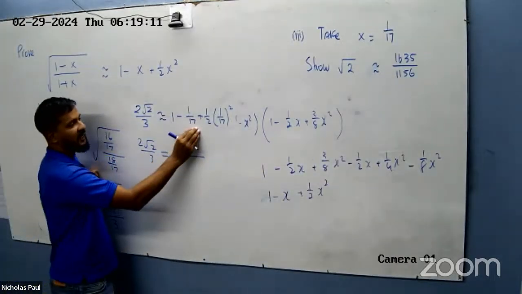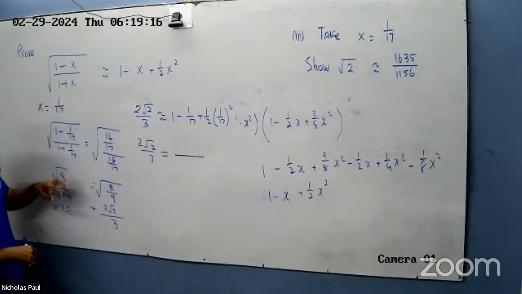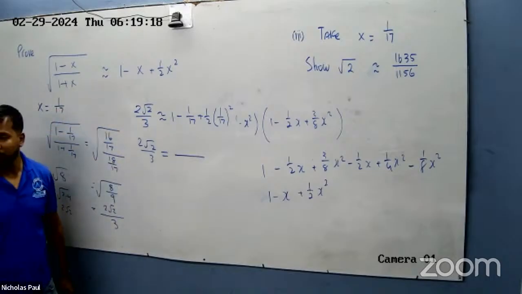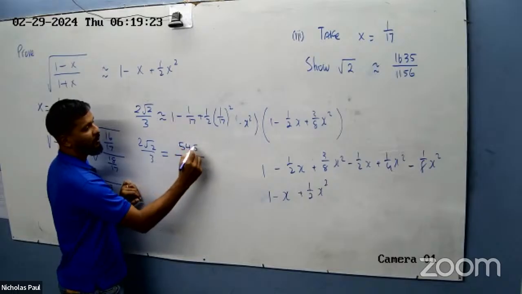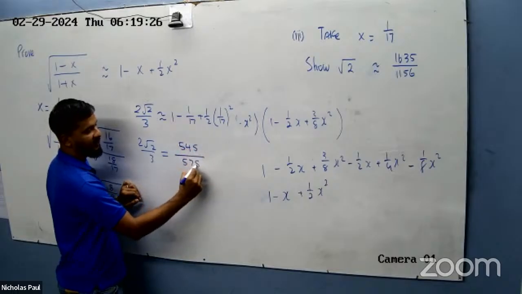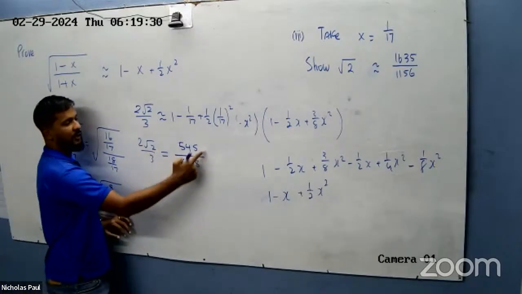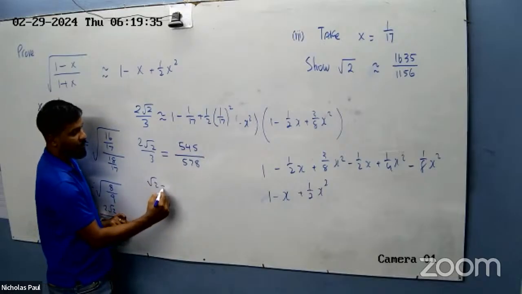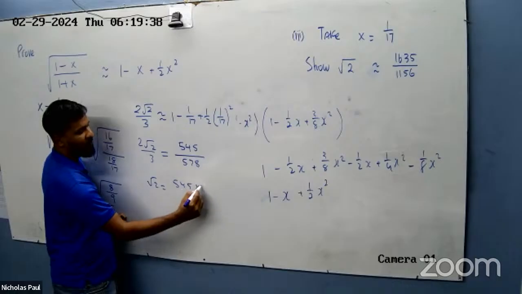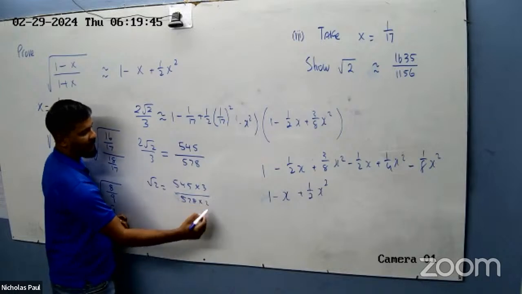Put it in the calculator. No, they mean no calculator for actually working out the root. Sorry, 578. Right, and now you make root 2 the subject. So carry the 3 here, carry the 2 here. So root 2 will be 545 multiplied by 3 all over 578 by 2.